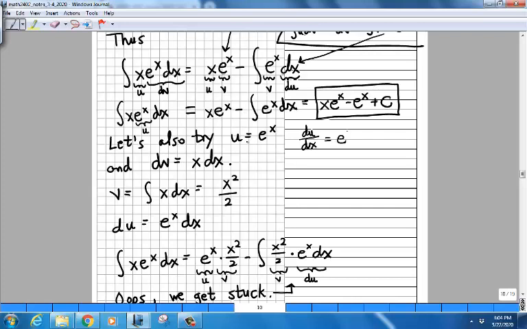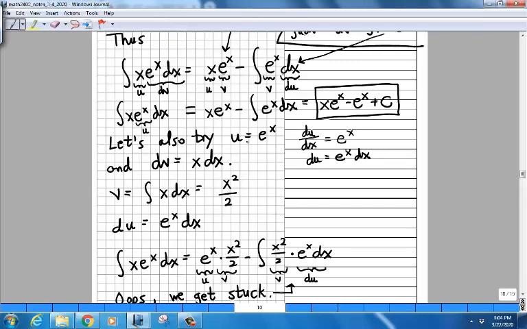You get e to the x. That's pretty easy. There's u, and there's its derivative. e to the x is no simpler than e to the x, but it's not any more complicated either. If you multiply both sides by dx, you get that du is equal to e to the x times dx.